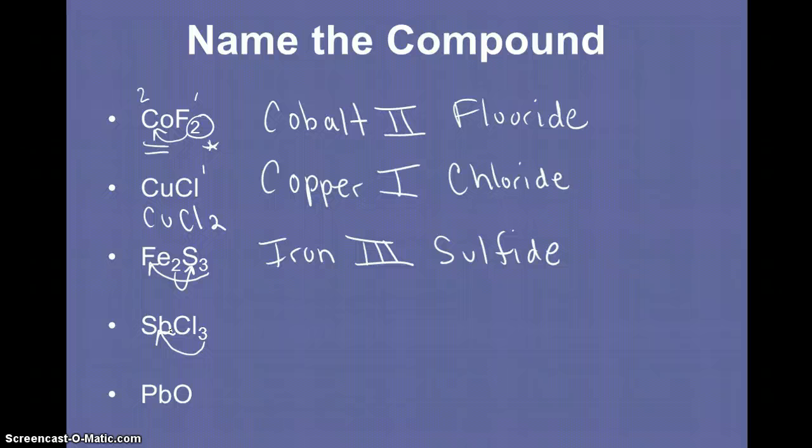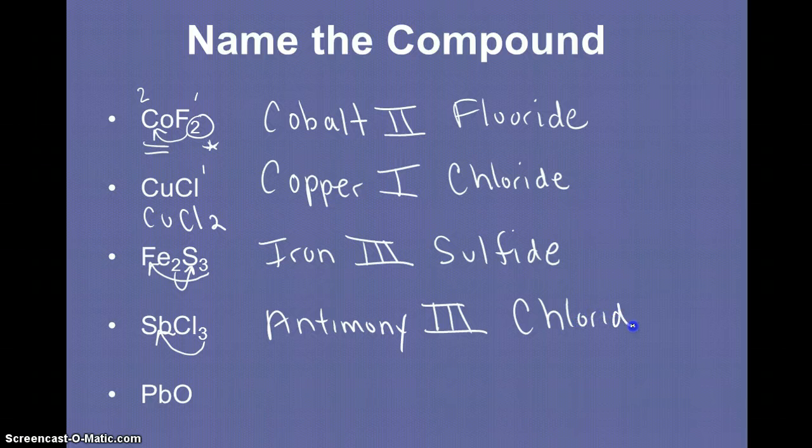We don't need Roman numerals for those nonmetals, only these transition metals that have more than one oxidation state. So let's write it out. Antimony, Roman numeral 3, because antimony does have more than one oxidation state. Chloride, ending in -ide. All ionic compounds end in -ide.